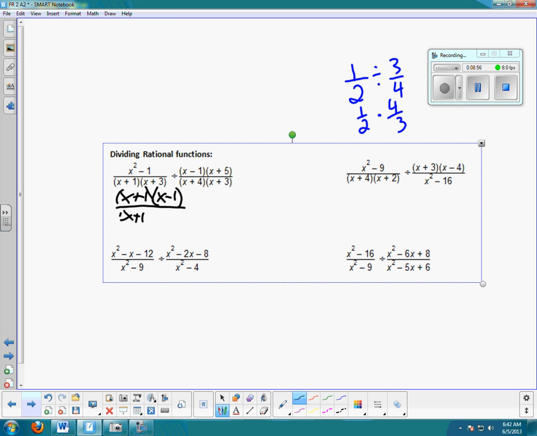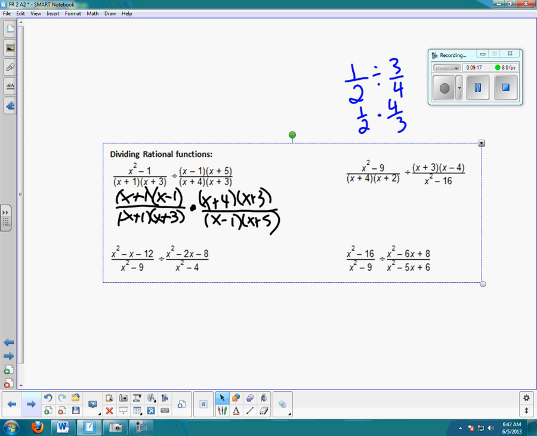So x plus 1 times x plus 3. All right, and so then I'm going to change this to a multiplication sign, which makes the other fraction flip. x plus 4, x plus 3 over x minus 1, x plus 5.